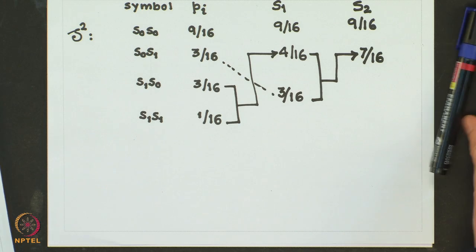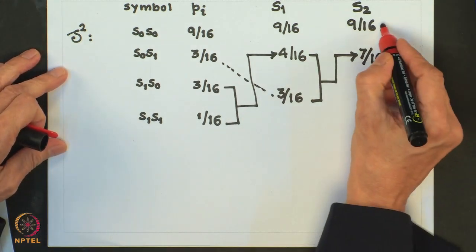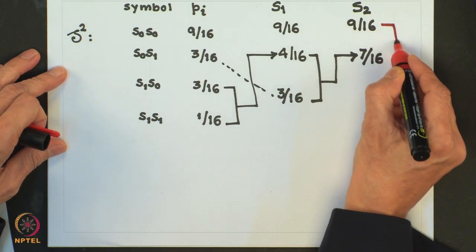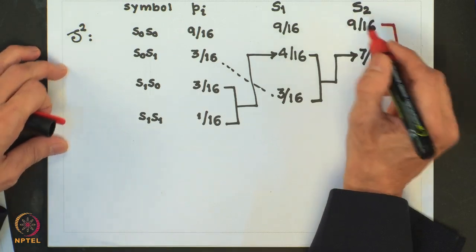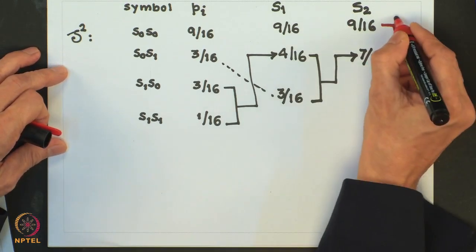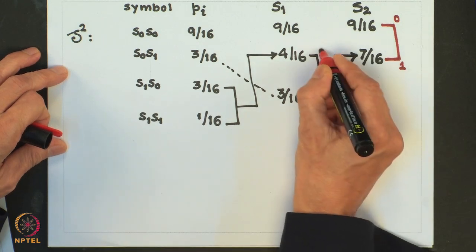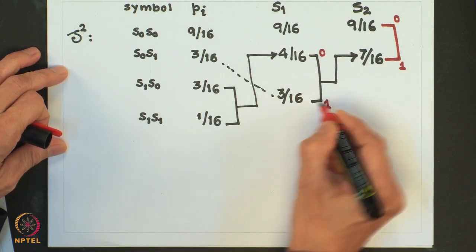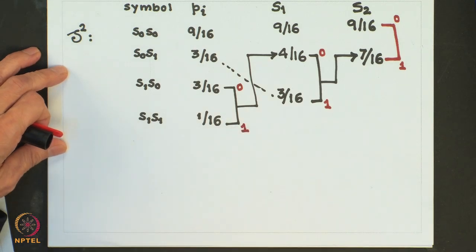And now, let us assign the labels. So, I start with the last reduction, which has only 2 symbols. So, I give 0 1 here, I will assign 0 1 arbitrarily, here also I will assign 0 1.